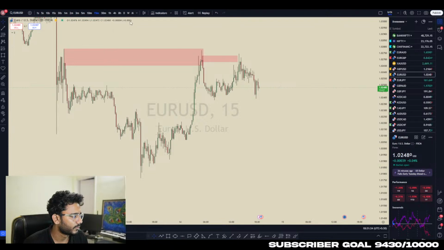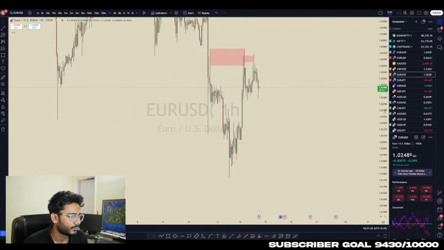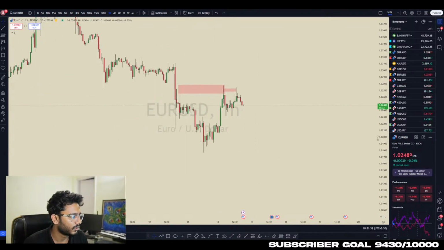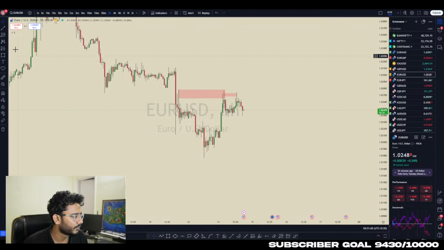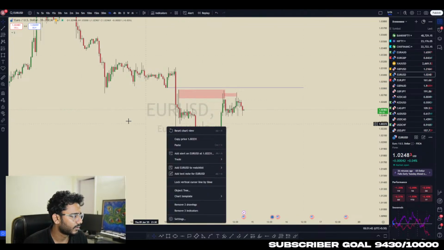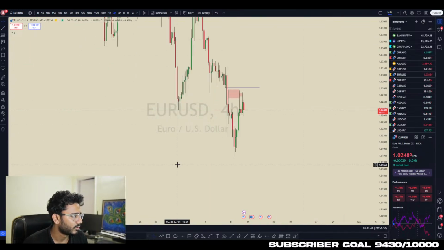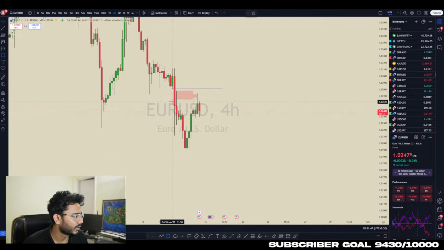Let's look at some other pairs. On Euro USD, we have the same thing. Price has created this order block. By looking at this 4-hour candle, we can see it took out the previous highs, which was this one.